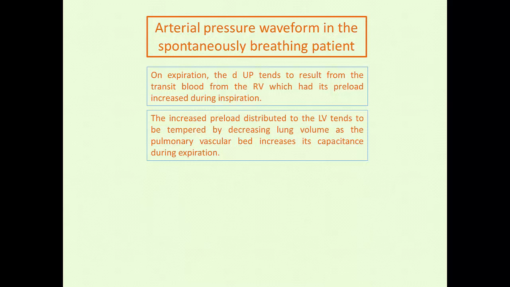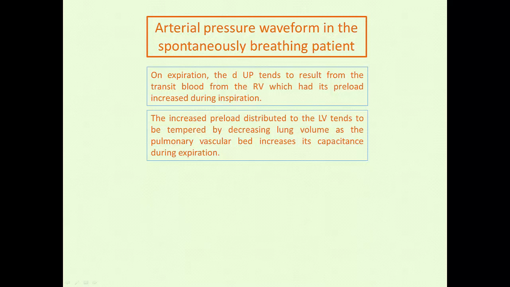So as expiration proceeds, the D up is kind of tempered because the pulmonary vascular bed capacitance is increasing during expiration. So you kind of have two competing effects here. One is during expiration, there is more blood being discharged, or there had been more blood discharged into the pulmonary vascular bed as a result of the preceding inspiration for the RV.